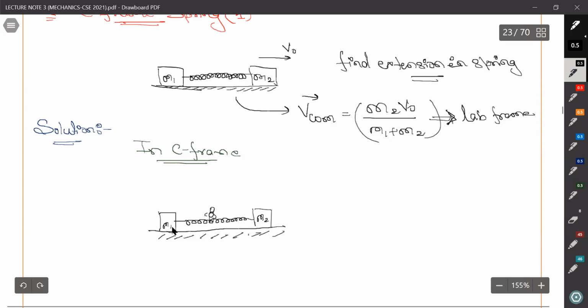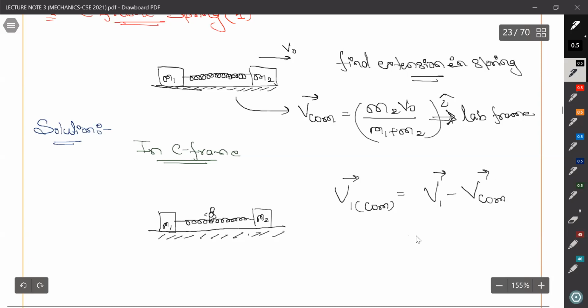The velocity of m1 relative to the center of mass, let's suppose in i cap, is v1 minus v center of mass.